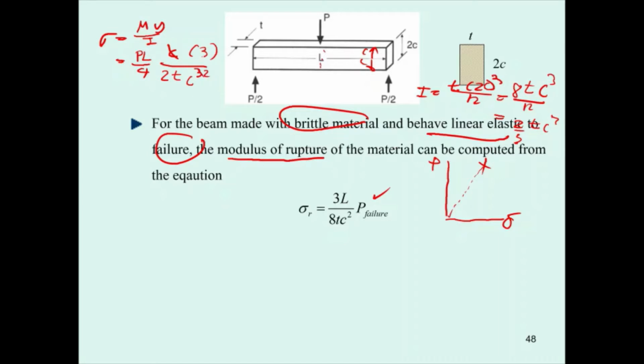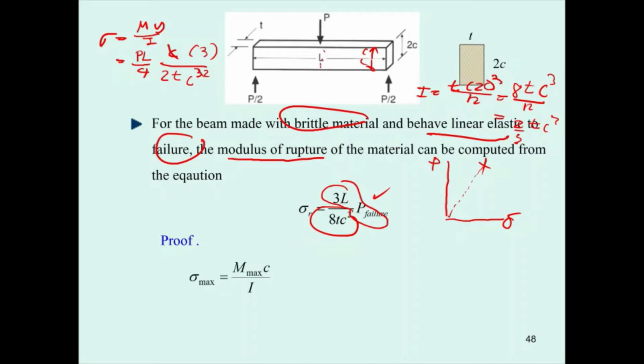So we're going to have 3PL divided by 4 times 2, which is 8 t c squared. Okay, you got the modulus of rupture by this equation.